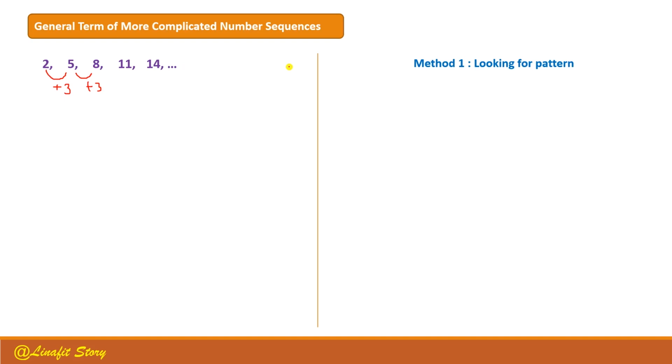So by looking at the pattern, we know that the common difference is 3n. And after that, we will find the zero term. The first term is 2. How about the zero term? We will count backward. So 2 minus 3.